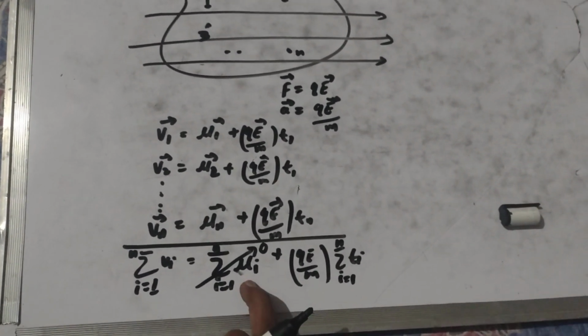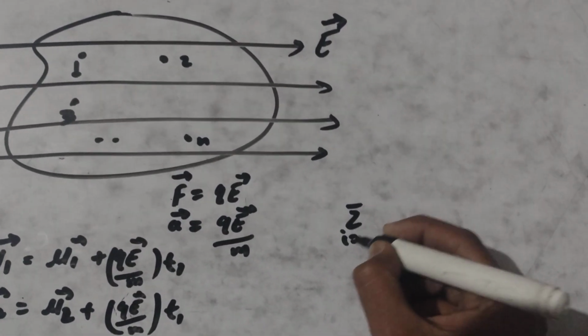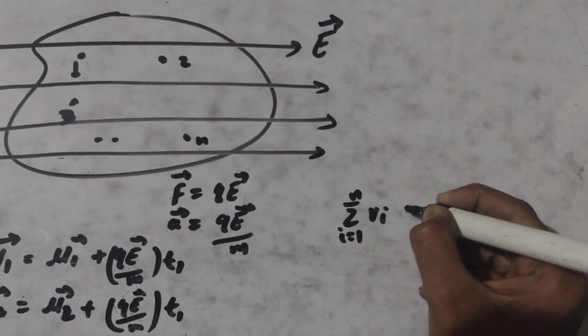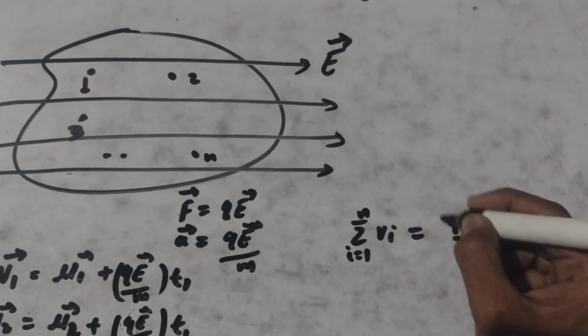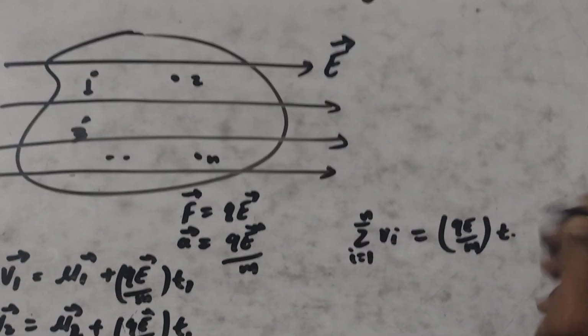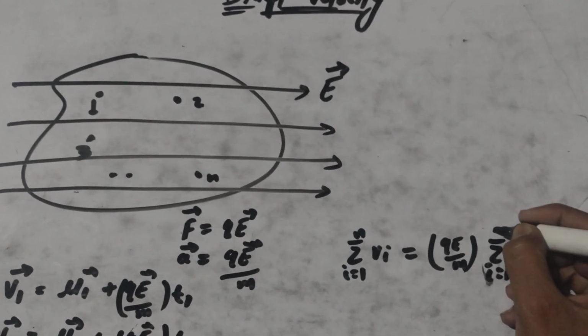So this whole thing becomes 0, and the equation simplifies to: the summation of Vi, i equals 1 to n, equals QE by m into the summation of Ti, i equals 1 to n.